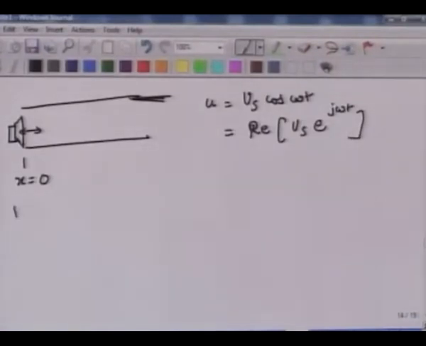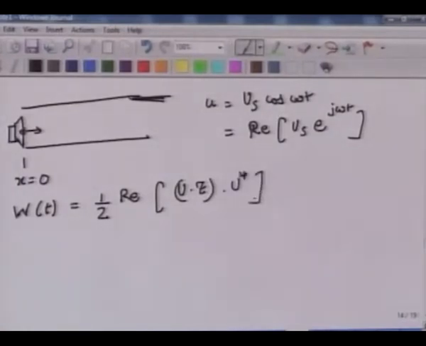So again, instantaneous power per unit area is half real U times Z times U star plus half the real component of U z times U e^(j omega t), closing the bracket.